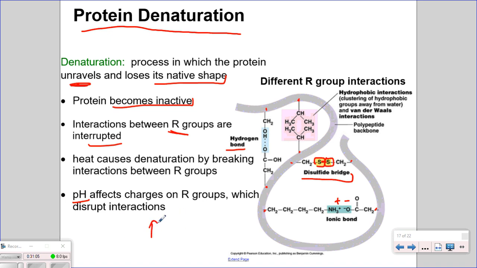At a low pH, where you have a high hydrogen ion concentration, these hydrogen ions can come in here and disturb the interaction between these hydrogen bonds. It can mess up the ionic bonds themselves, and this can disrupt these R group interactions, causing that protein to unfold.